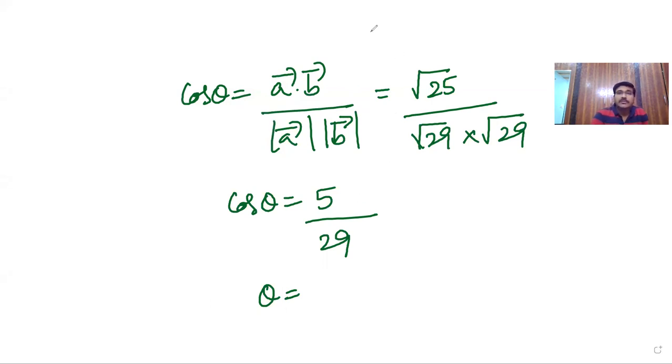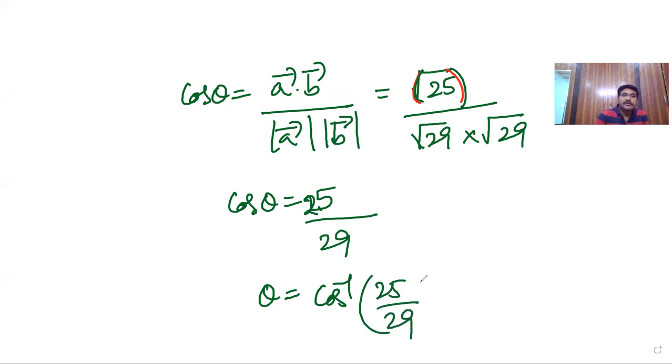Sorry, this is not root 25, this is only 25. So cos theta is 25 by 29. Clear? Theta is cos inverse of 25 by 29. From the calculator, you can find this out.